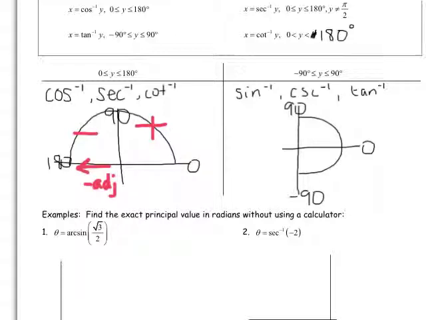Because for these three guys, cosine deals with the adjacent. It's adjacent over hypotenuse. Secant deals with hypotenuse over adjacent. And cotangent is adjacent over opposite. So these three guys deal primarily with the adjacent. And so now we have quadrant 1 for positive and quadrant 2 for negative.